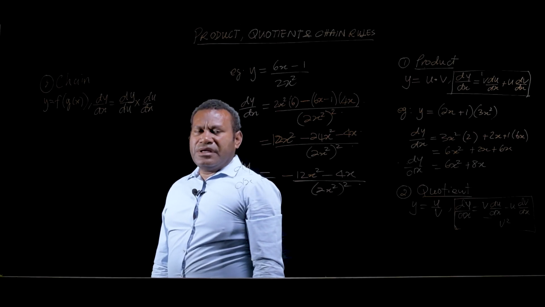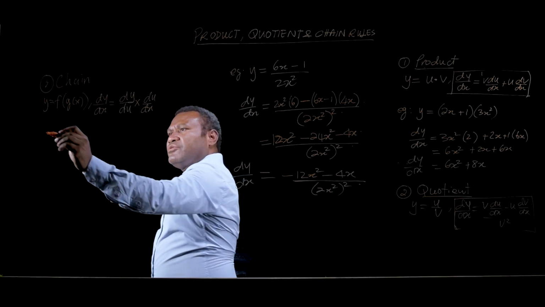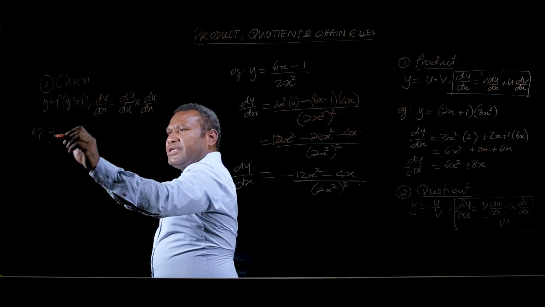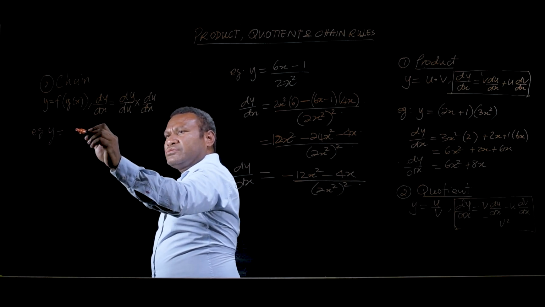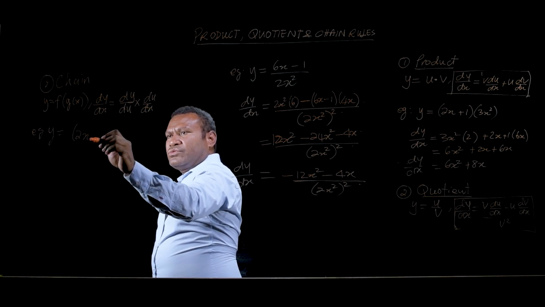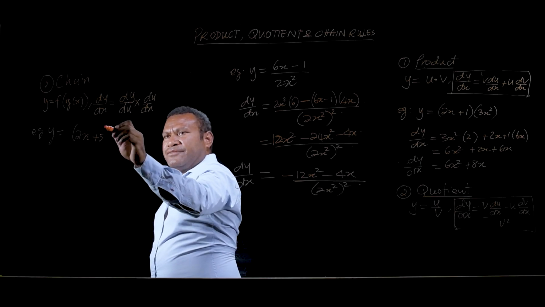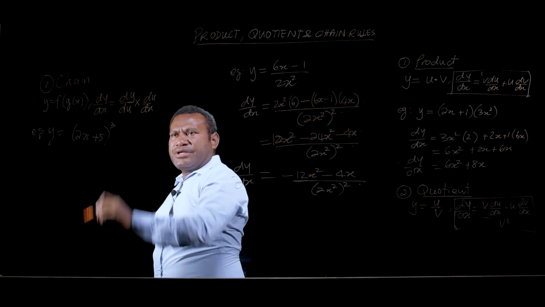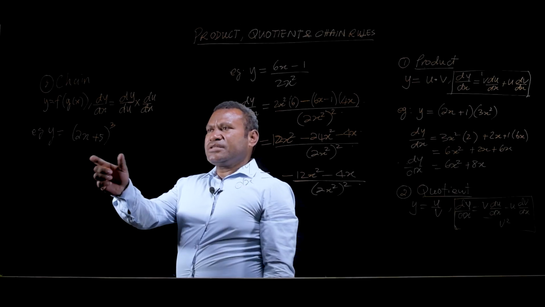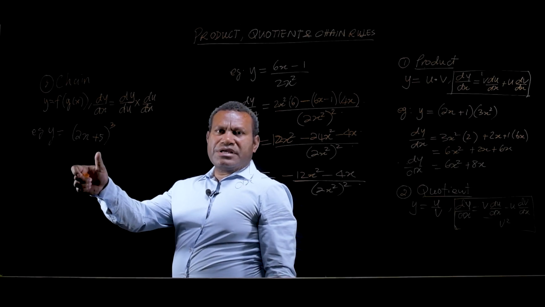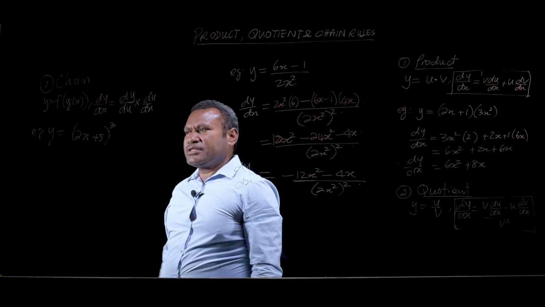Right. If we are given an example, let's say y is equal to 2x plus 5 raised to the power of, let's say, 3. Then this function is a function that contains another function, or a composite function.